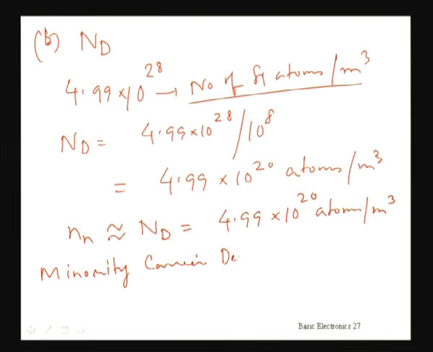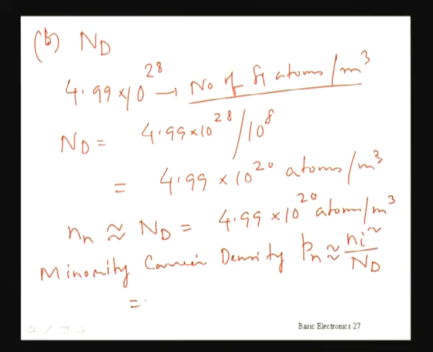So, obviously minority carrier here will be holes. So, minority carrier density, that is hole density, we have to find out, and we know from our previous discussion that Pn, the minority carrier density in n-type material, is Ni square divided by Nd.